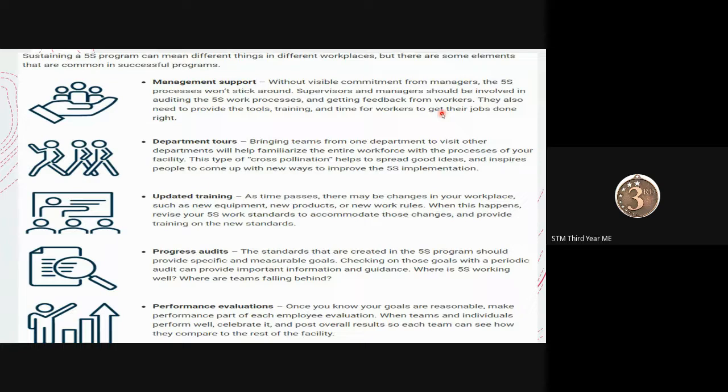So once this 5S system is implemented, we have to look if it is being followed. So we will be checking that, and after that we are taking feedback from the workers. Okay, we are taking it from employees, etc., and based on that feedback we will determine whether we have to follow another standard procedure.